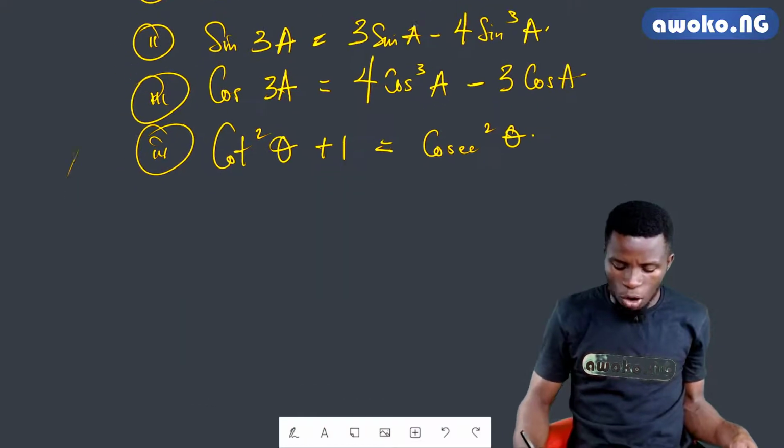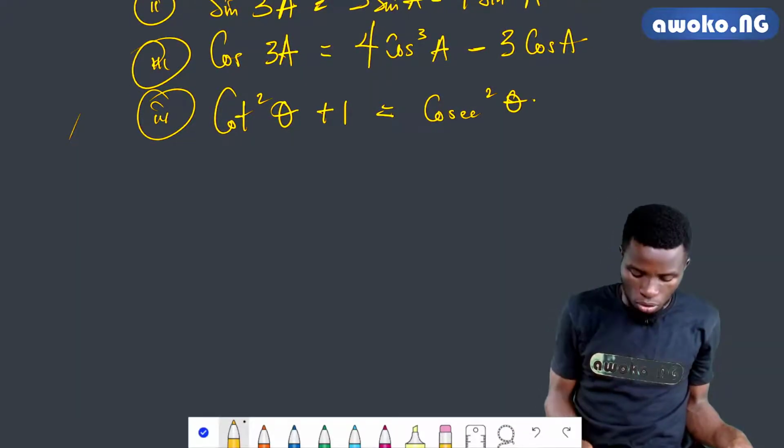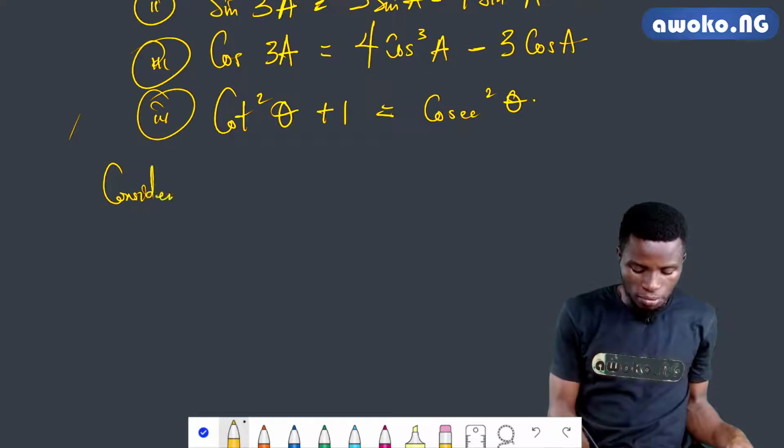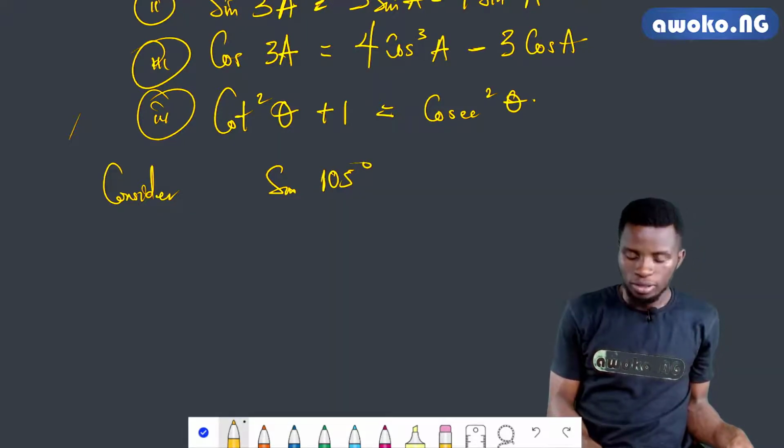Now, having said all this, I would like us to consider the example below. Consider sine 105 degrees. So we should find sine 105 degrees.